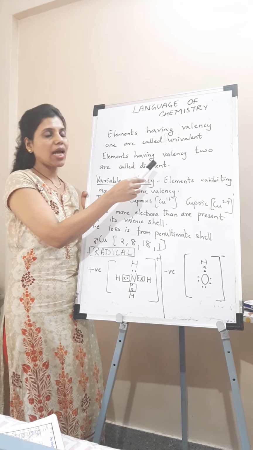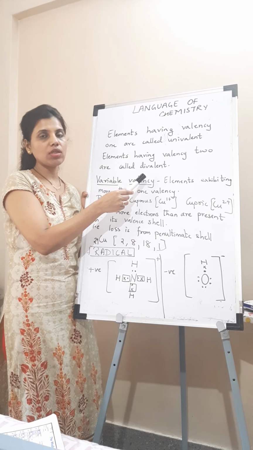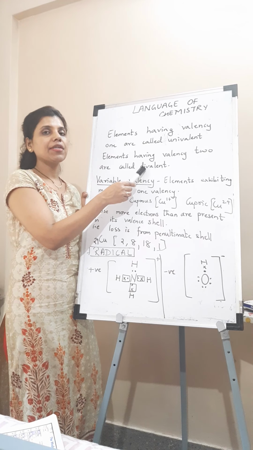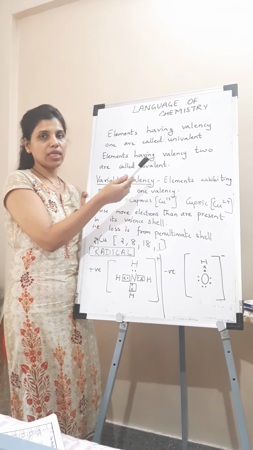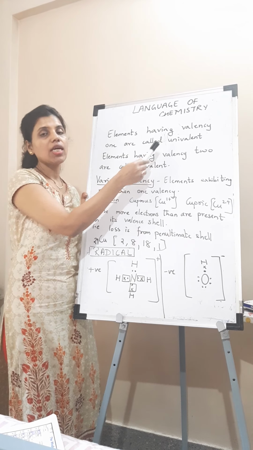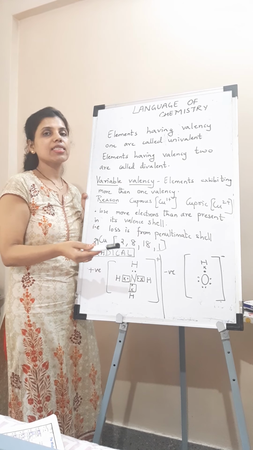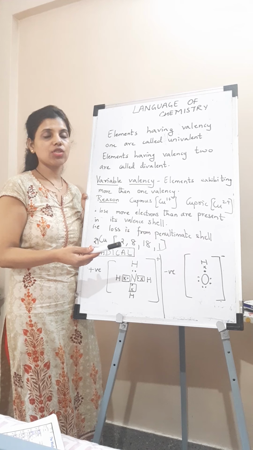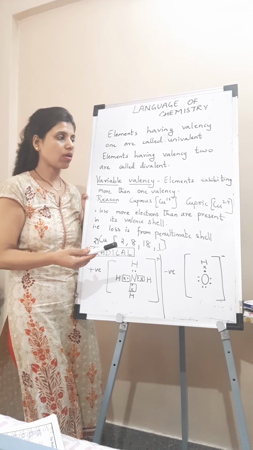Similarly, oxygen, as it accepts 2 electrons, is known as divalent, and chlorine accepts 1 electron, so it is known as univalent. Nitrogen, as it accepts 3 electrons to achieve the stable electronic configuration, is known as trivalent, and so on.